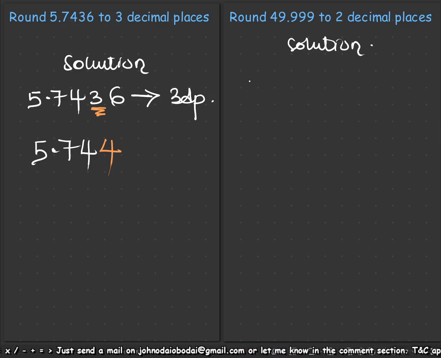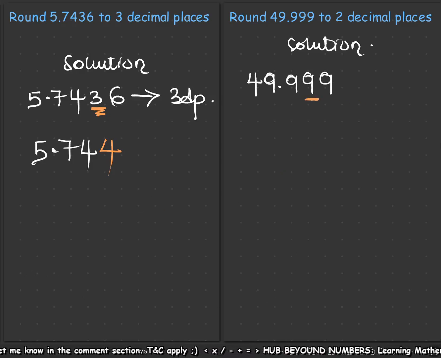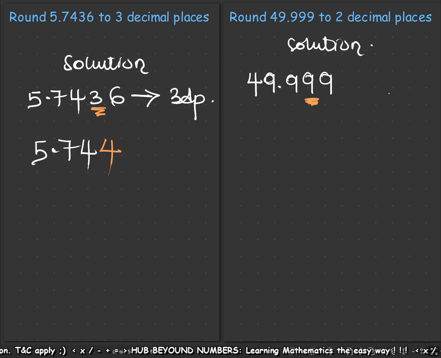So we have 49.999. In talking of 2 decimal places, we look for the digit at that place, and this is it over here, the 2nd decimal place. Then we ask ourselves what digit comes after it. In this case, it's a 9.